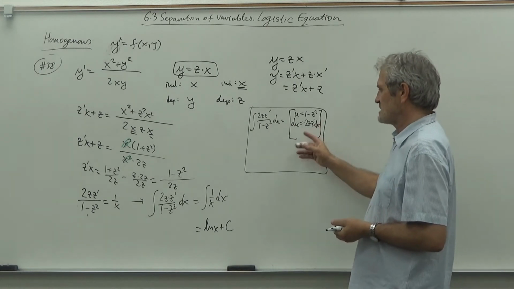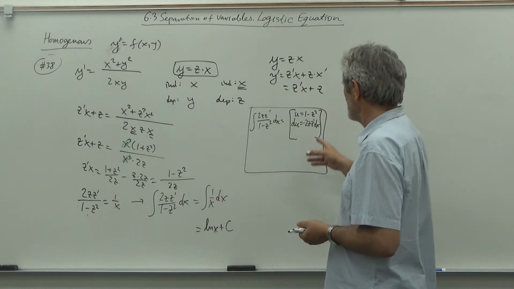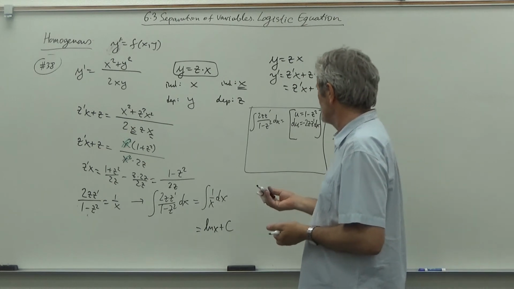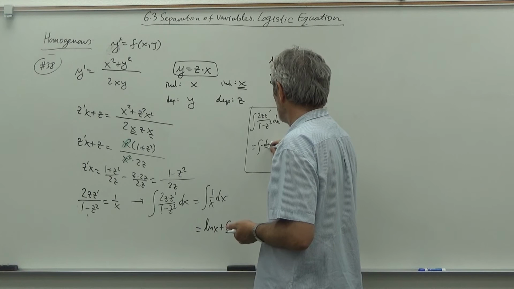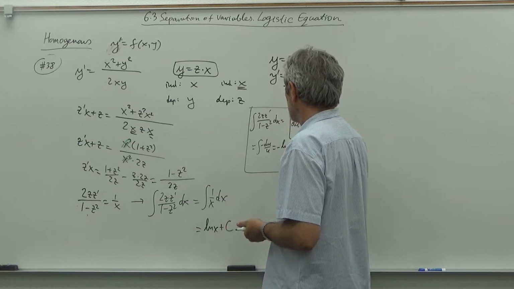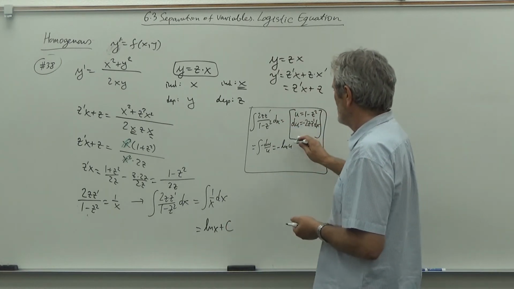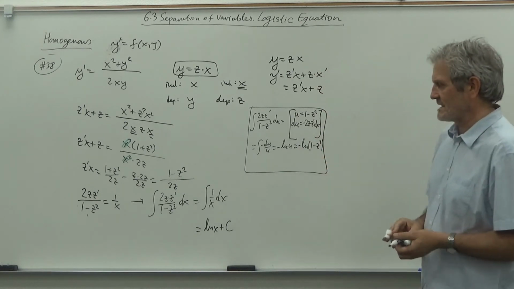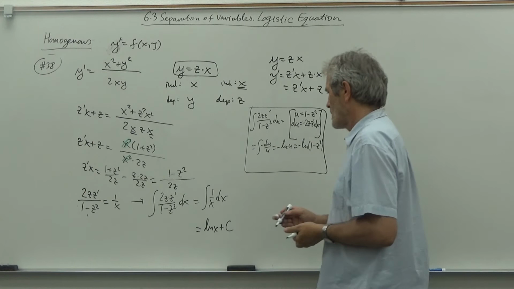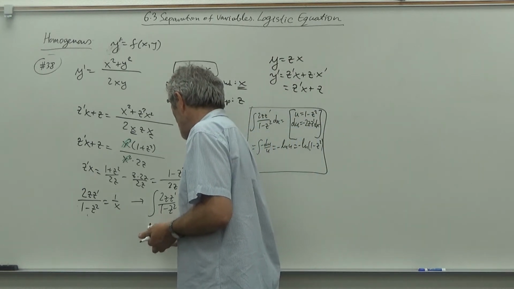So everything that we have there is actually an integral of negative du over u, which is minus ln u. When we plug it in, we get minus ln of 1 minus z squared. That's great. Now we are ready to enter our result.